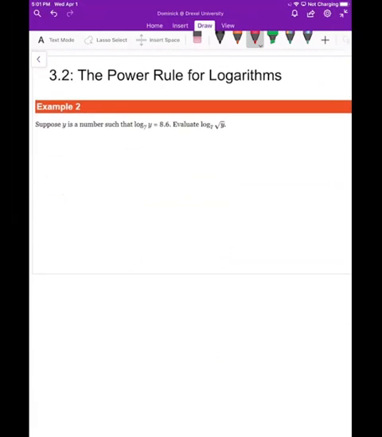Now, a more realistic application of this power rule for logarithms is something like this. I have log base 7 of y is equal to 8.6. With that information, I want to find log base 7 of the square root of y, only using that information.